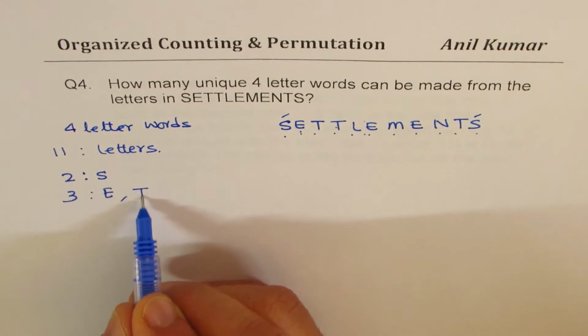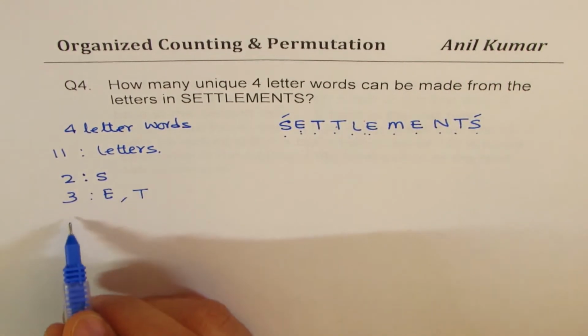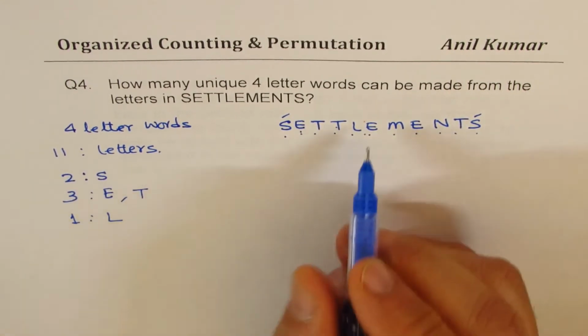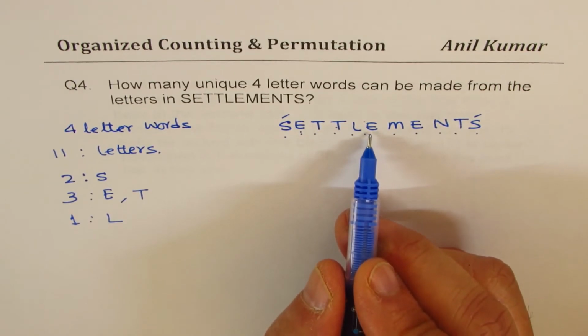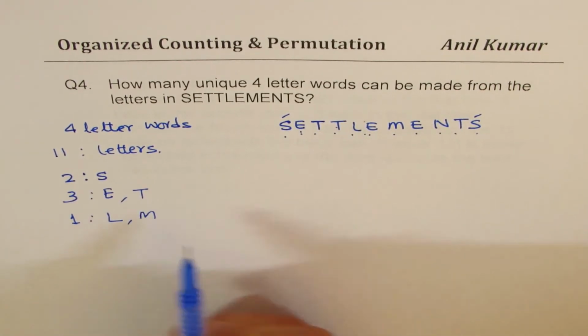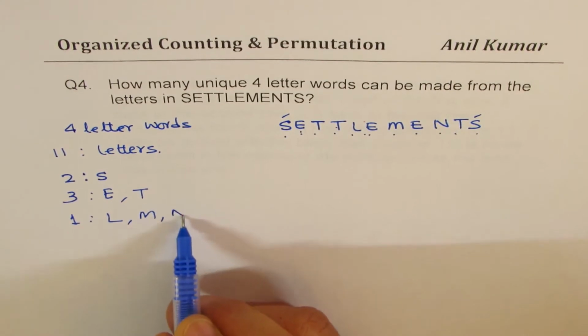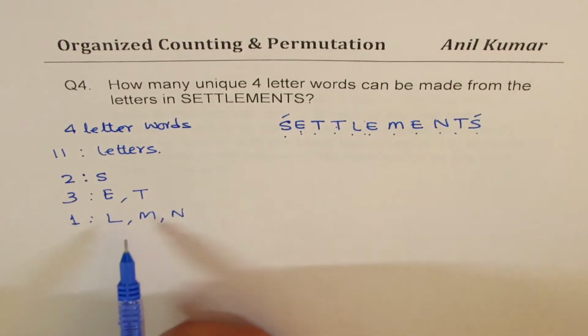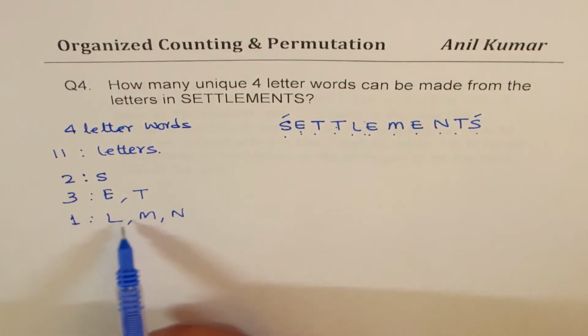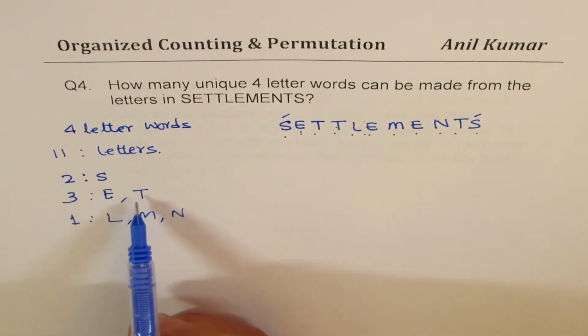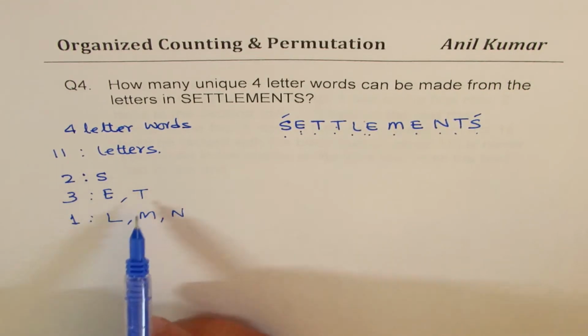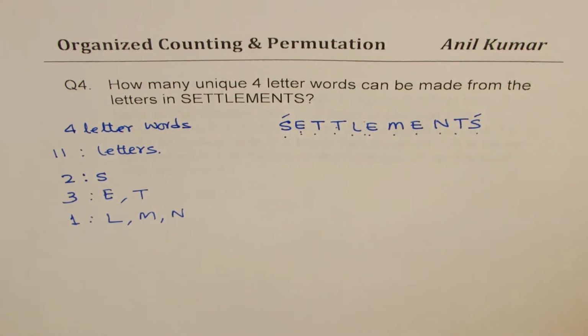So 3 T's. L. There's only one L. E we have already considered. M. 1 M. N also 1. T and S we have considered. So let's recount. 1, 2, 3, 4, 5, 6, 7, 8, 9, 10, 11. Right? So that is a good set to work with.